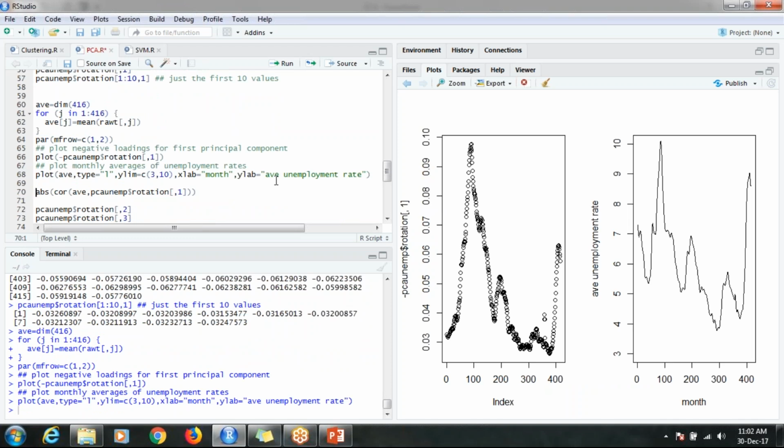So these are all my average unemployment rates for a particular month, and this is my rotation factor. We saw just in our foods data set that there is a rotation factor for all of the columns that we have.